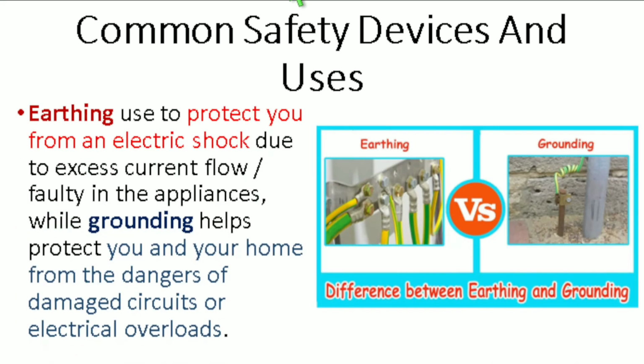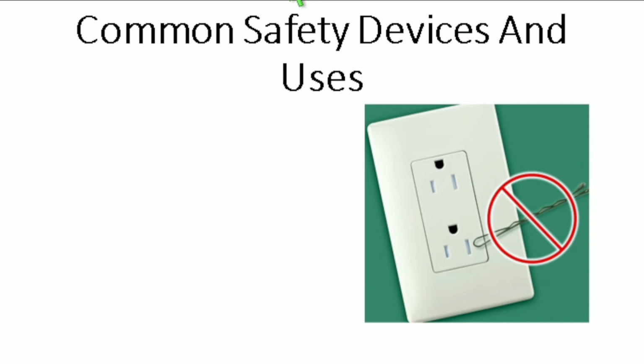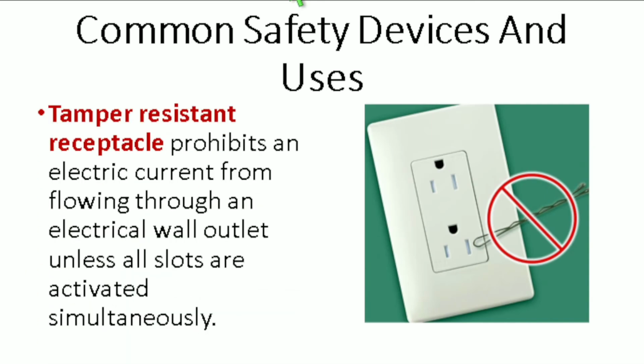Next is earthing and grounding. Earthing protects you from electric shock due to excess current flow or faults in the appliances, while grounding helps protect you and your home from the dangers of damaged circuits and electrical overloads. Next is the TRR or tamper-resistant receptacle.